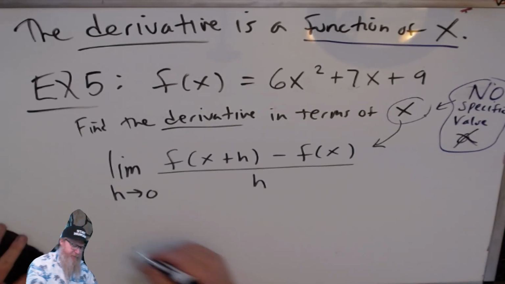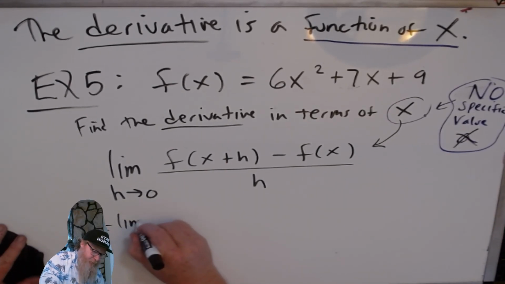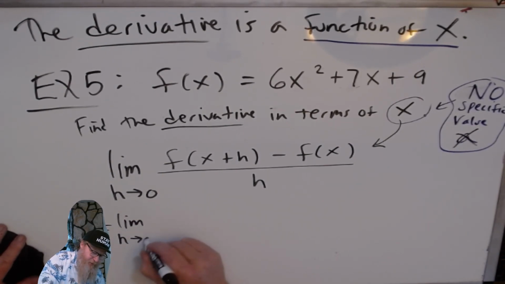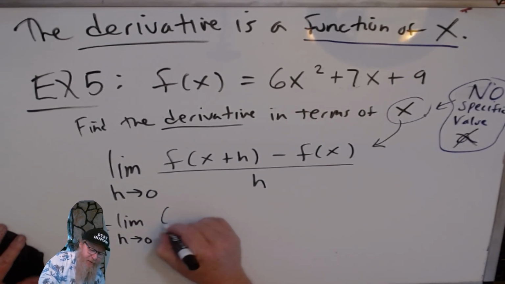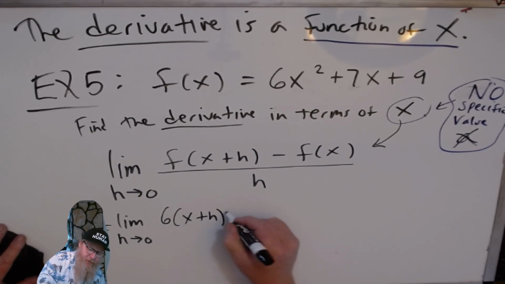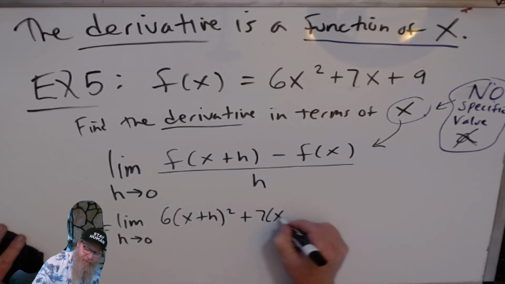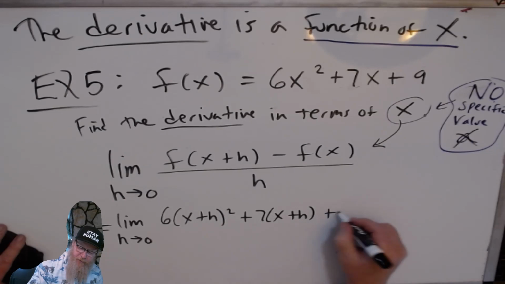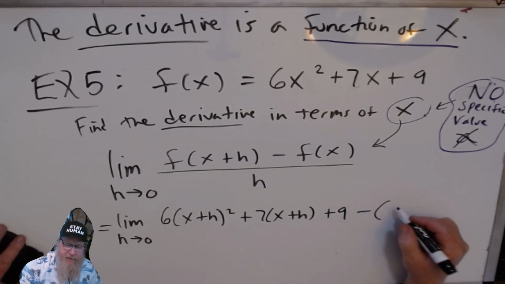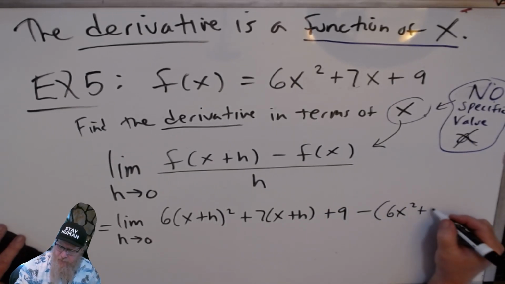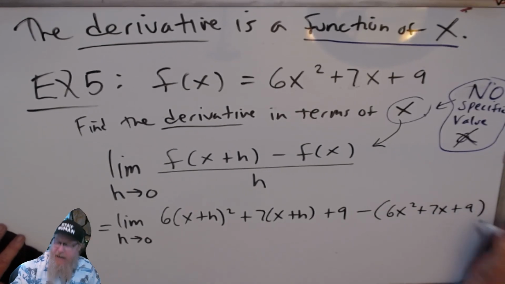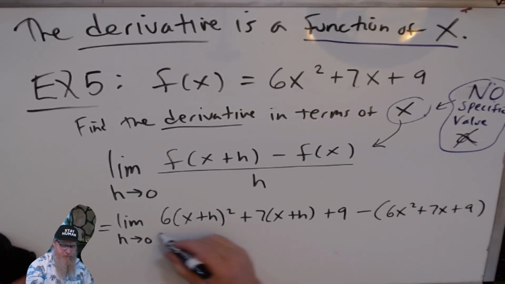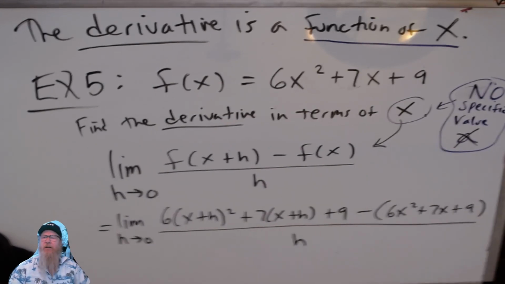All right, let's do it. What are we waiting for? Limit as h goes to 0, 6 times x plus h squared plus 7 times x plus h plus 9 minus 6x squared plus 7x plus 9, all over h.